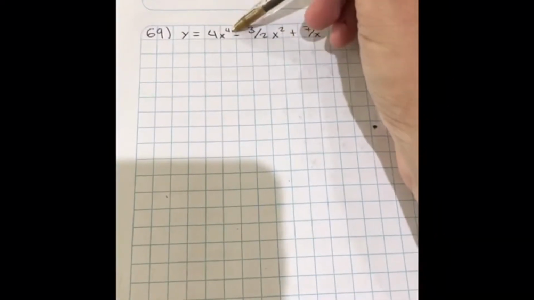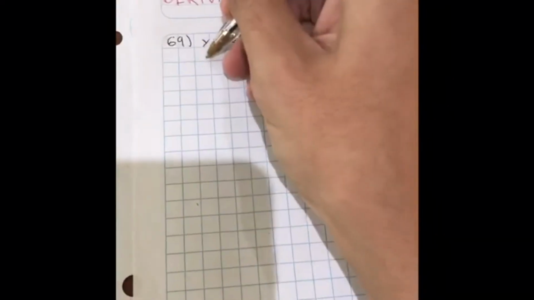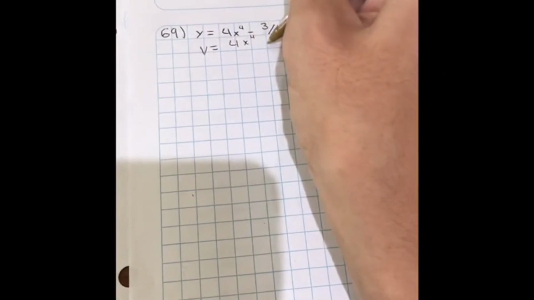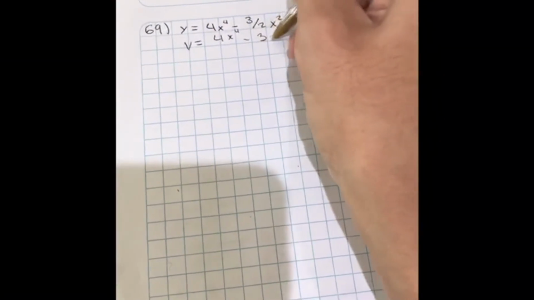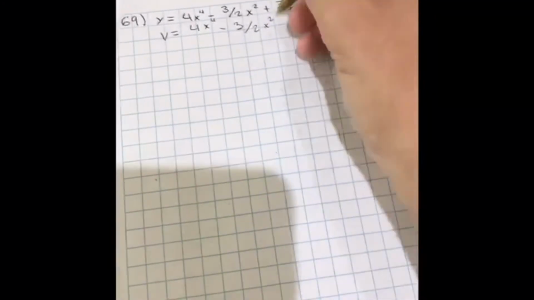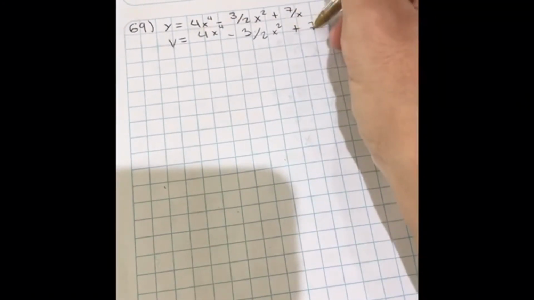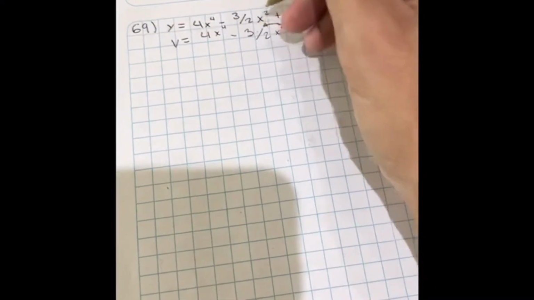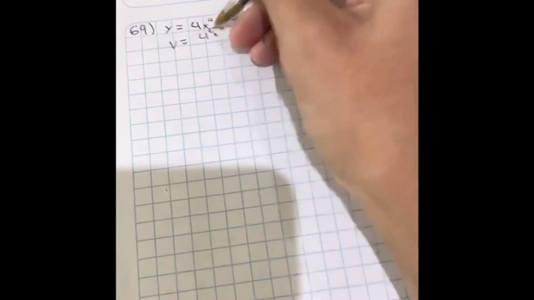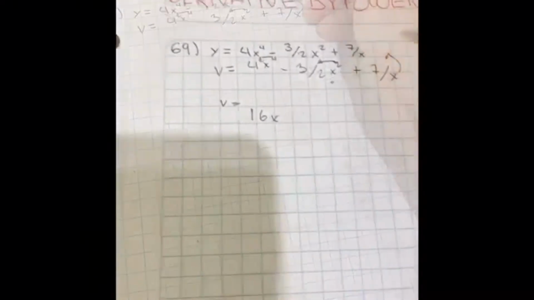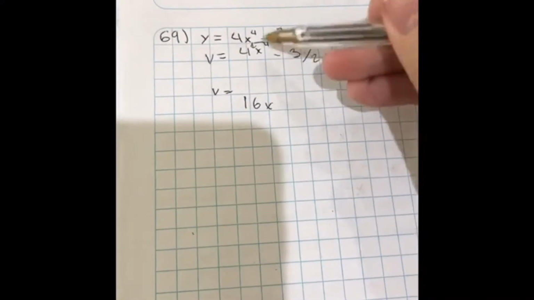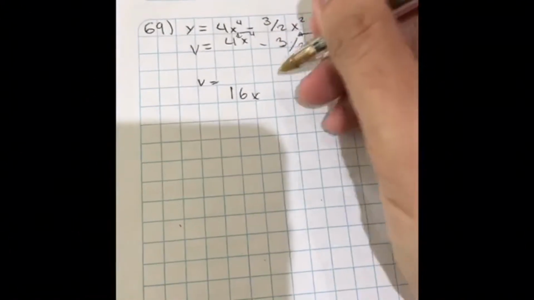Multiplying each exponent by its number. After you multiply each exponent by its number, you will subtract one from the exponent.